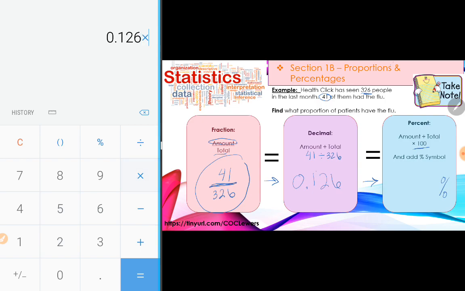And I multiply that by 100. And I get 12.6. And that is the percent of the patients that had the flu. Notice that your percent is going to be a much bigger number because it's a percent. It's out of 100. And your decimal is going to be much smaller.